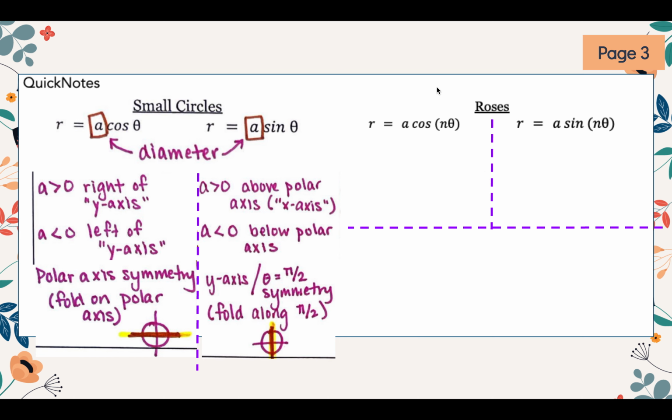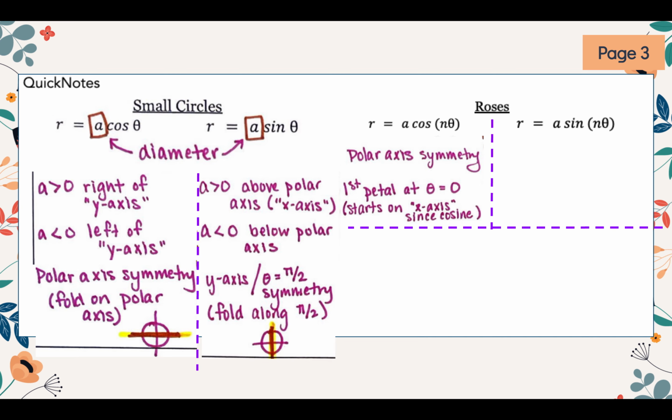So we're going to start with cosine. With cosine, we say that there is polar axis symmetry. So we could fold it on that polar axis, and our roses will line up. So our first petal for cosine is at theta equals 0, and it starts on the x-axis since it's cosine.